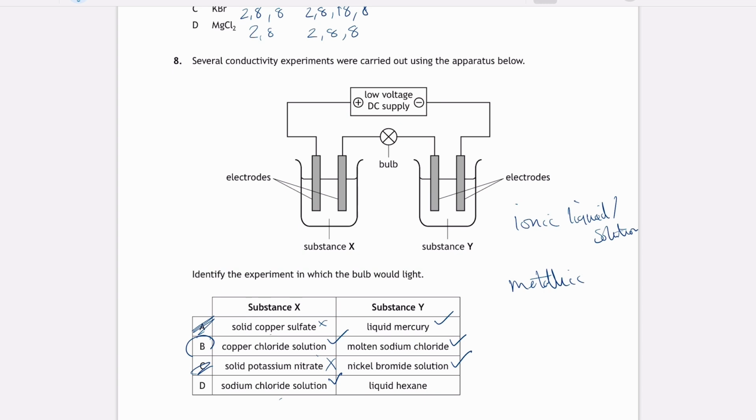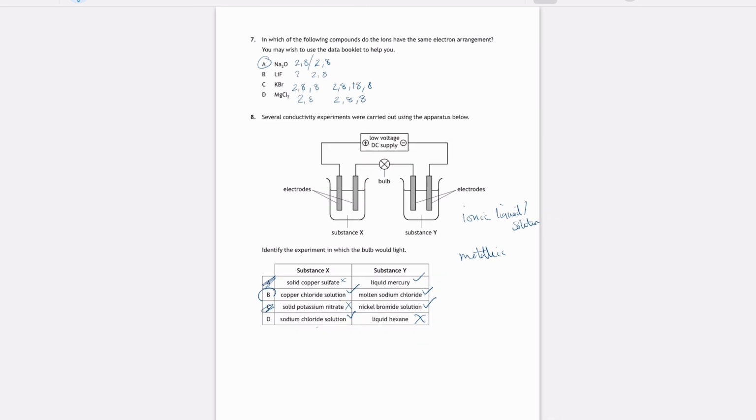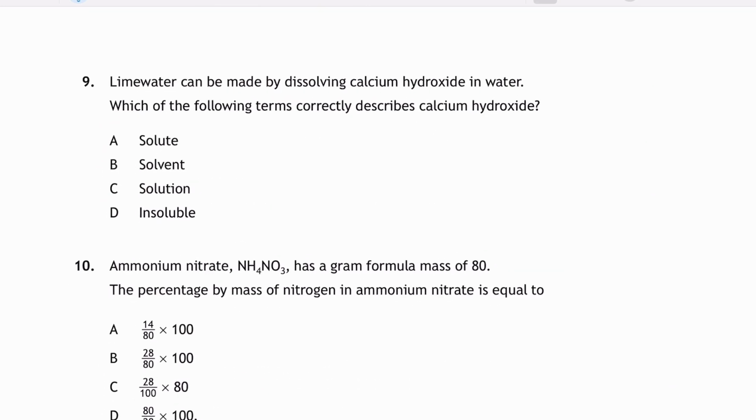But hexane is covalent, it's all carbon and hydrogen, so that's not going to conduct at all. The only covalent substance that can conduct electricity is graphite, carbon graphite. Water, technically as well, but water's partially ionic, as you learned in the acids and bases topic, so it's not conducting as a covalent molecule, it's conducting when it splits up into its ions, the hydrogen and hydroxide ions.